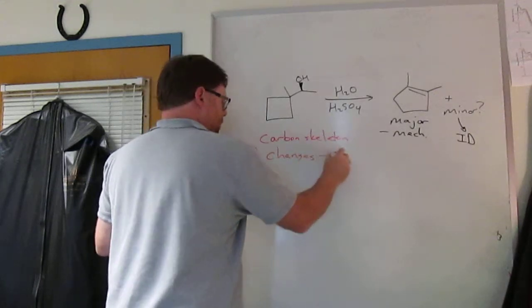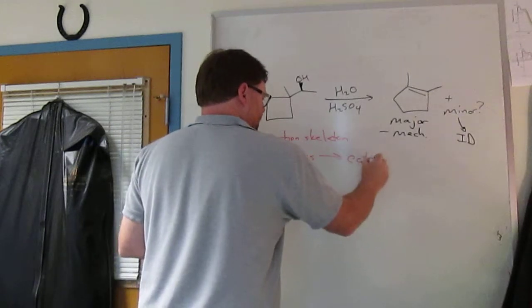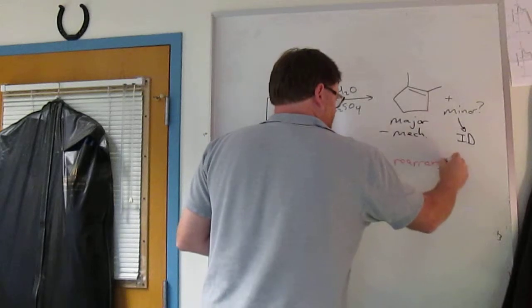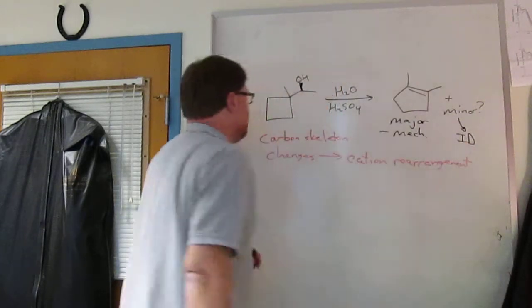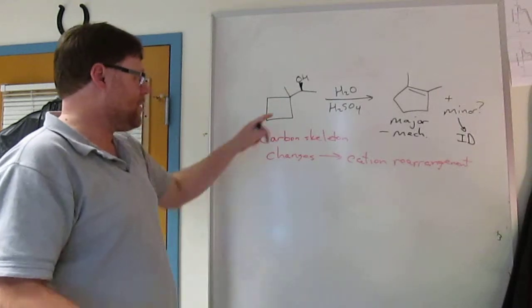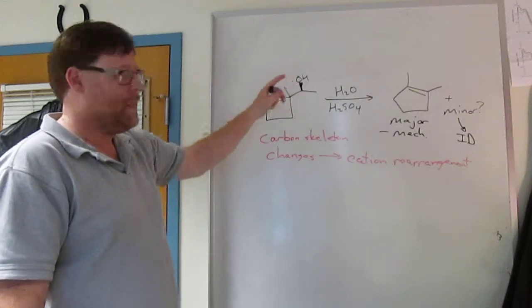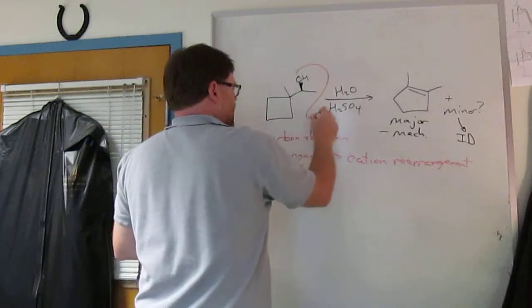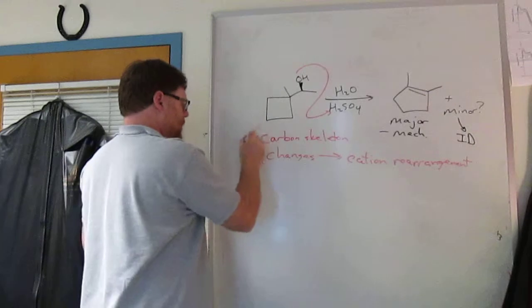This should tell you that there's some sort of cation rearrangement. Okay, so how do we make a carbocation? Do you have a leaving group here? In fact, you don't. OH is not a leaving group. Water is a leaving group, however. And so, under acidic conditions, we can protonate the alcohol.